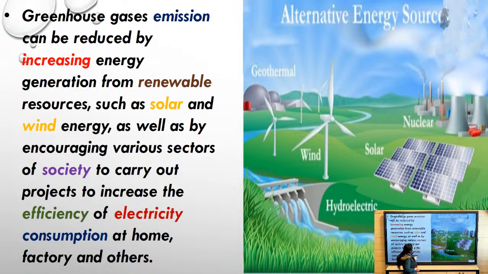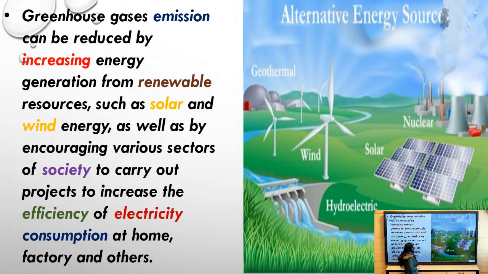So here we have alternative energy sources to reduce. So the solution to reduce the effect of these greenhouse gases, we have to use alternative energy sources like solar energy, wind energy, hydroelectric, and biomass energy, and others.